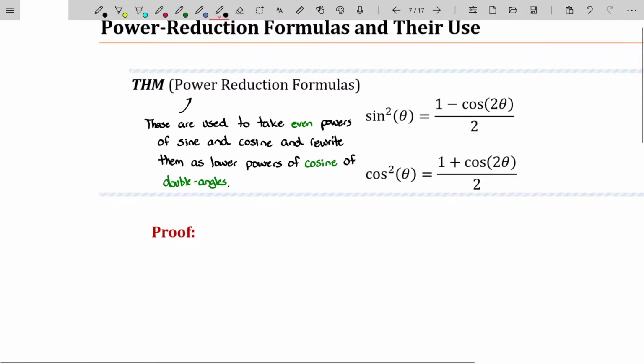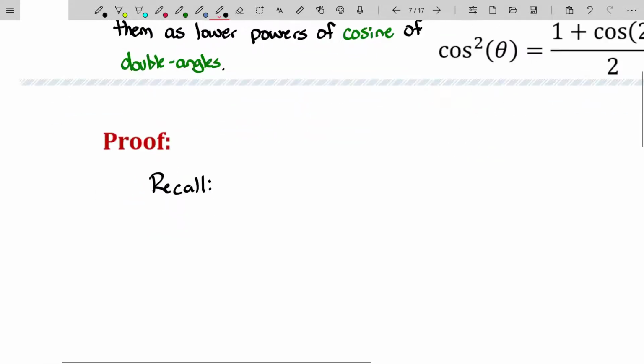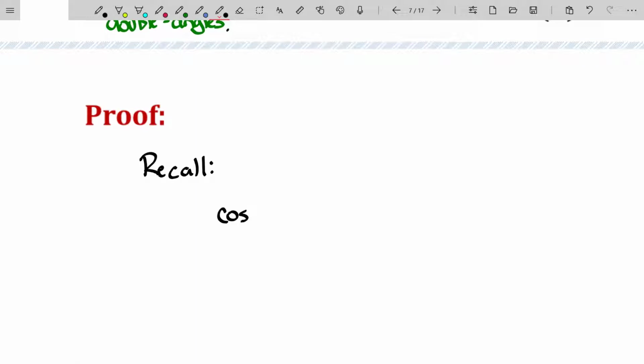So let's take a moment. It only takes literally a moment to get to know these. Let's go ahead and just recall one simple but important formula: the cosine of the double angle has three representations, but I'm only going to really refer to two of them.